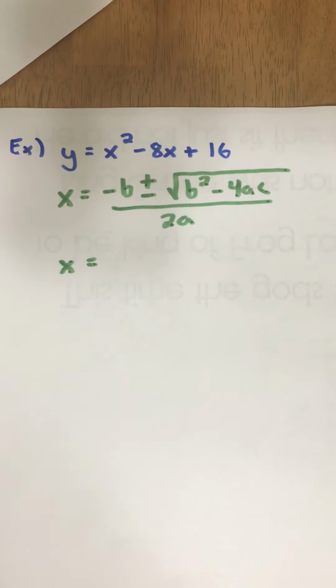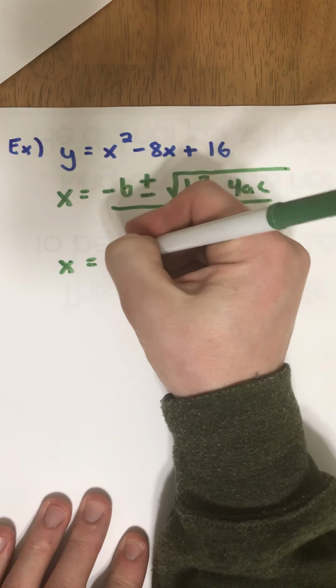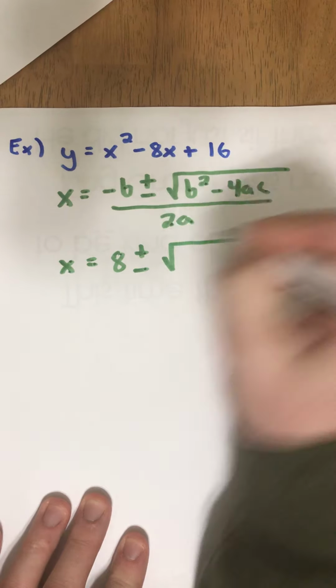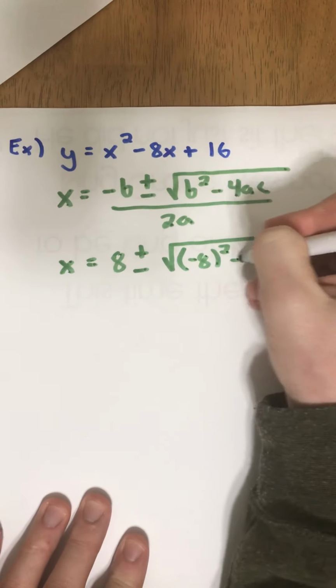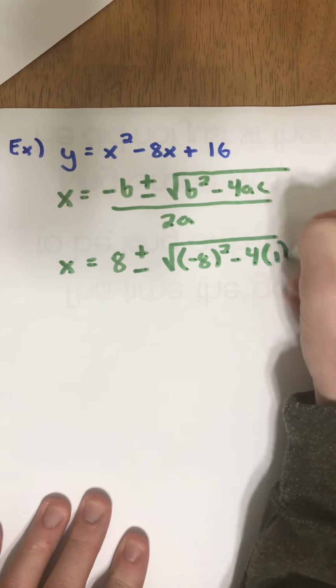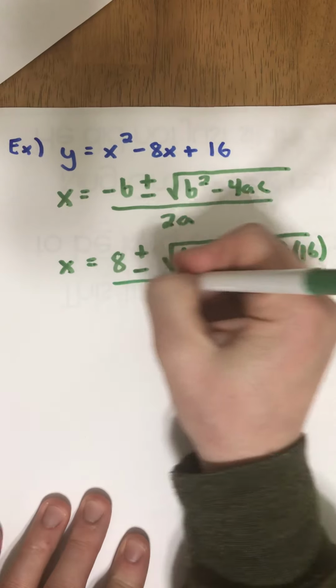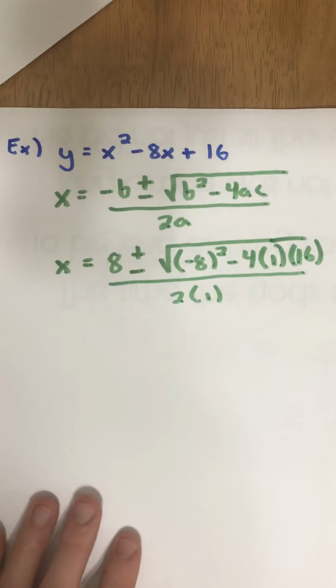All right, my b here is negative 8. So negative 8, this is going to be positive 8, plus or minus the square root. Negative 8 squared minus 4. My a is 1, and my c is 16. All divided by 2a, so 2 times 1.